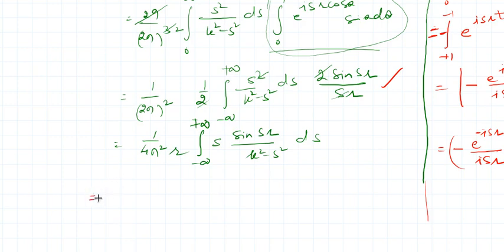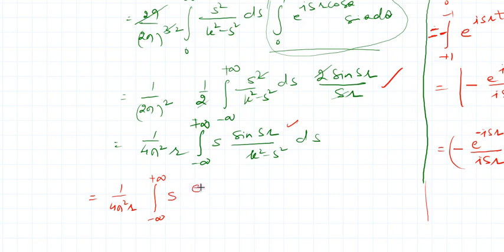So this is equal to 1 over 4 pi square r, and its integral from minus infinity to plus infinity, sine sr, with s as it is, and this sine sr can also be written in exponential form.